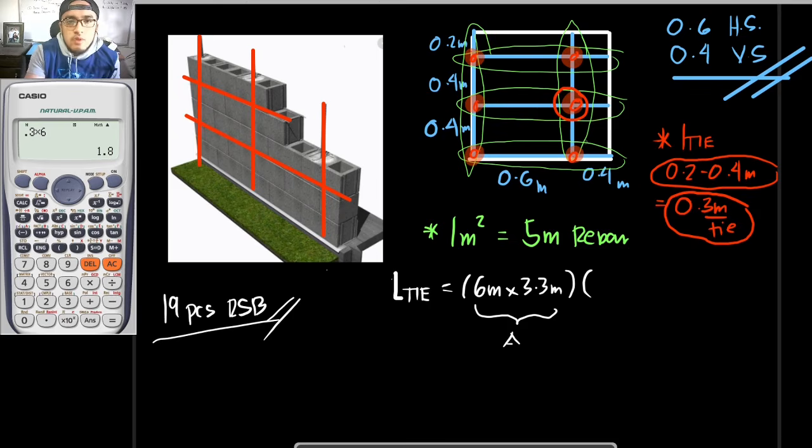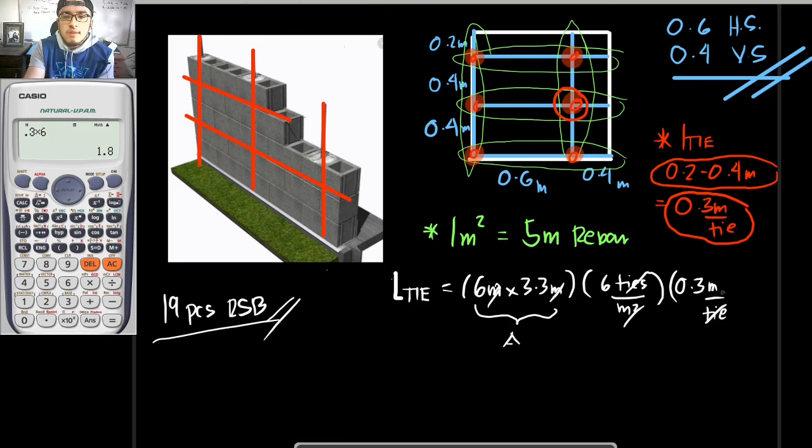So, we have 6 ties per square meter. So, square meters would cancel out. And after that, multiply this by the length of one tie, that is to be 0.3 meters per tie. So, maka-cancel out lahat yan. Matitira lang is yung length ng meter.